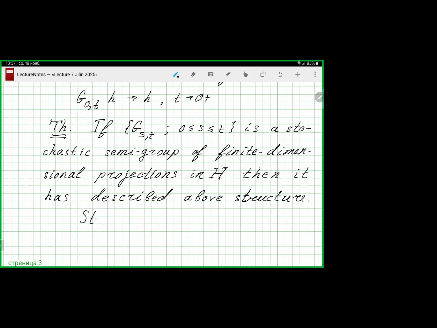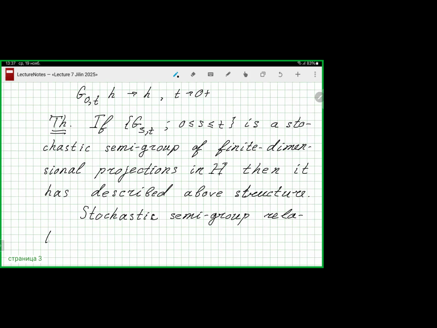So let us write the title of the next small section: stochastic semigroup related to Arratia web. Here, let me recall you what does it mean Arratia web and how it is constructed.